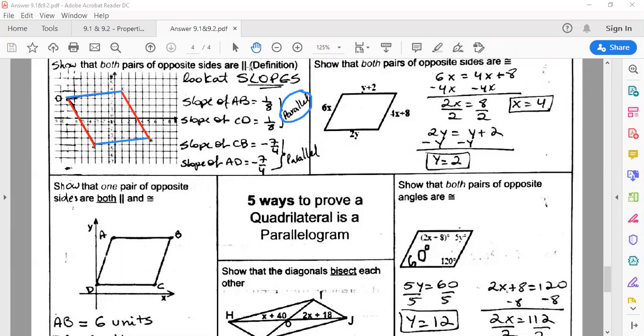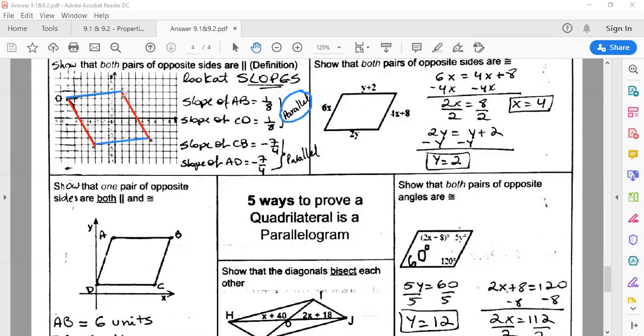I need to check and see if the slopes are the same. So let's start at D. I go down 1, 2, 3, 4, 5, 6, 7, and then over 1, 2, 3, 4. Because it's going down, it's a negative 7 over 4. Let's look at the next line.